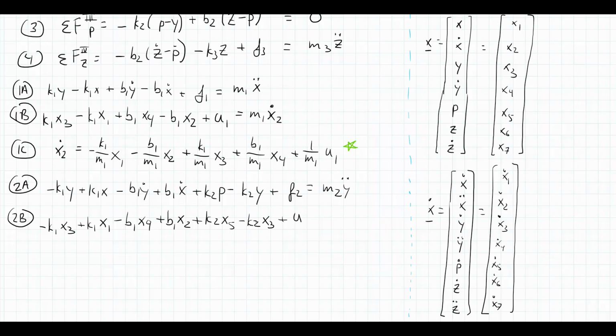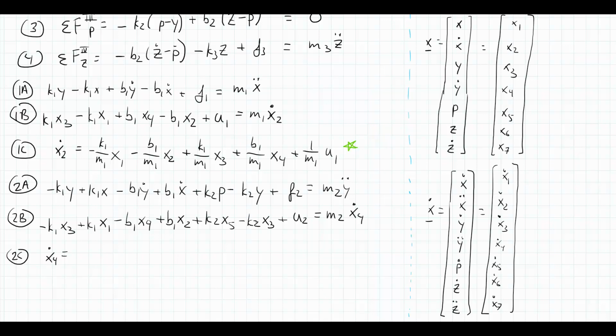And f2 is also known as u2. And m2 y double dot, my only choice is x4 dot. 2b, I was able to write with only one derivative term, the x4 dot. So that's good. I can isolate that, so I really want to divide everything by m2.